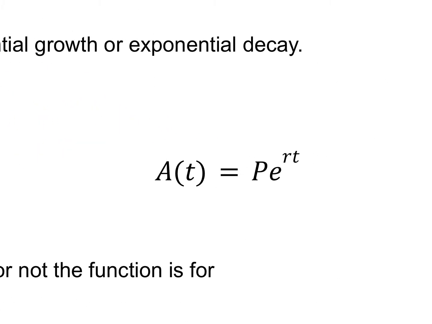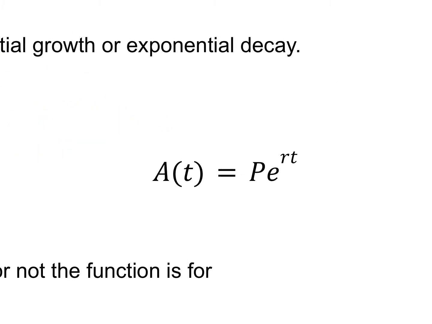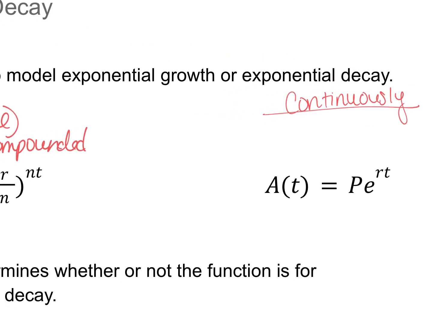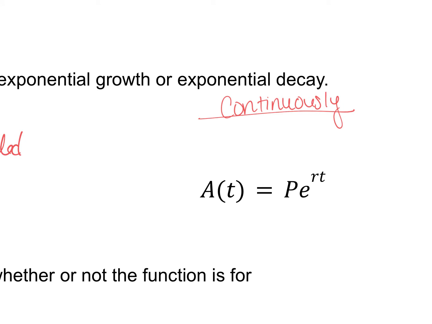There is another formula, and I call it the PERT formula because it looks like PERT. This is only used whenever something is compounded continuously. If you do not see the word compounded continuously, or continuously, you do not use this formula; you go to the other one. That is the key word.